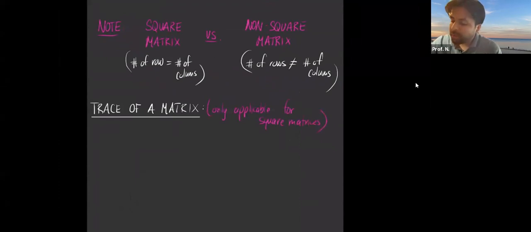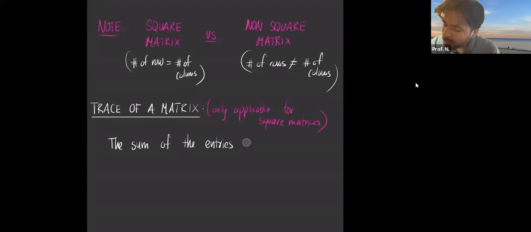So the trace of a matrix is simply the sum of the diagonal entries of a square matrix.